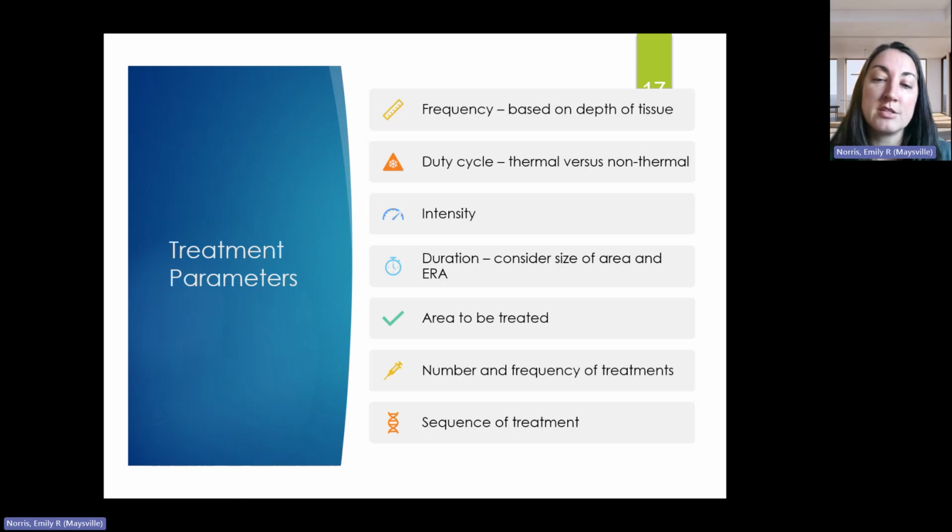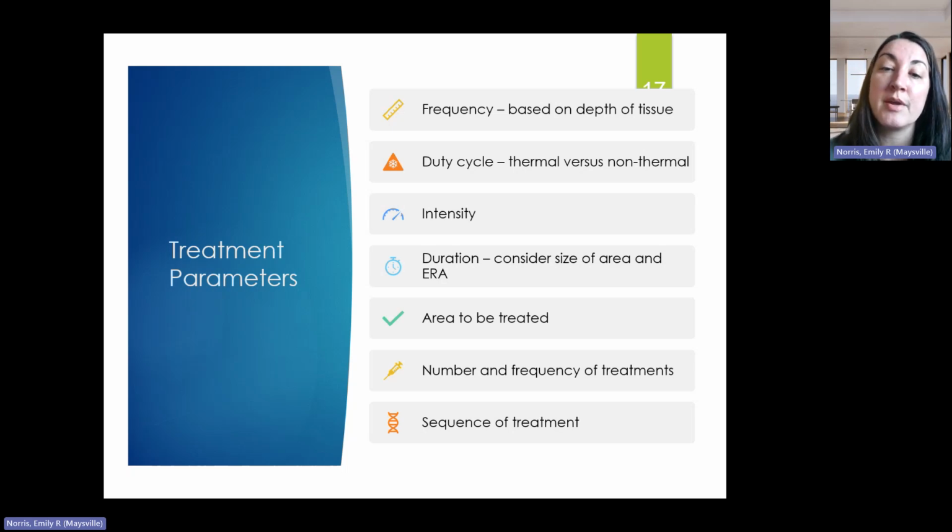You look at the area to be treated, the number and frequency of treatments, and the sequence of treatment, whether you do it at the beginning or at the end, and that determines when and how you do the ultrasound. So frequency, typically 1 or 3 megahertz. Duty cycle, either 100% for the thermal effect or between 20 and 80% for non-thermal.